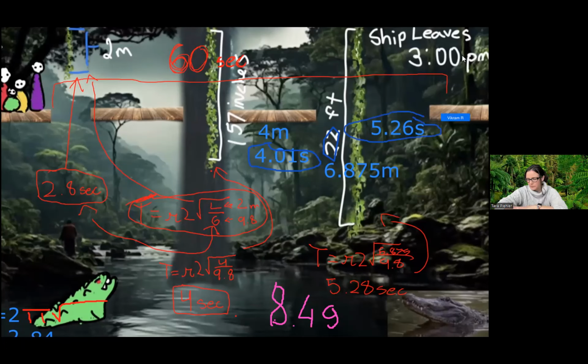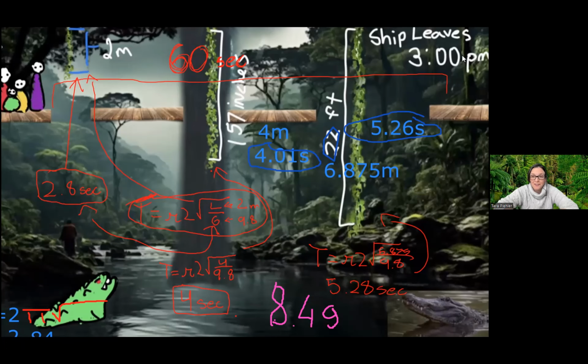Okay, so what time do you have to leave the first platform? Yes, Griffin. I was just thinking that you can let the second person go after the first person crosses the first vine, and when the first person crosses the second vine, then the second person can cross the first vine.